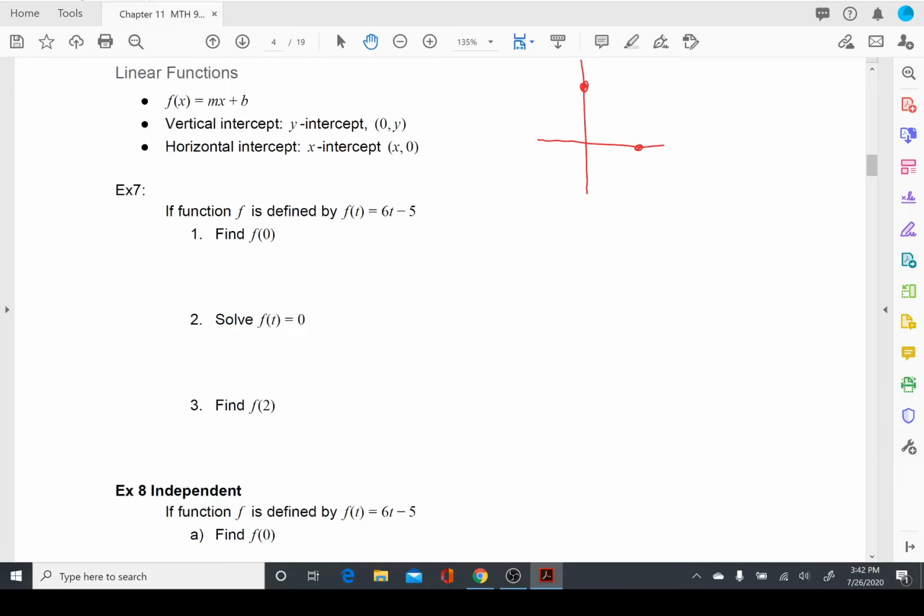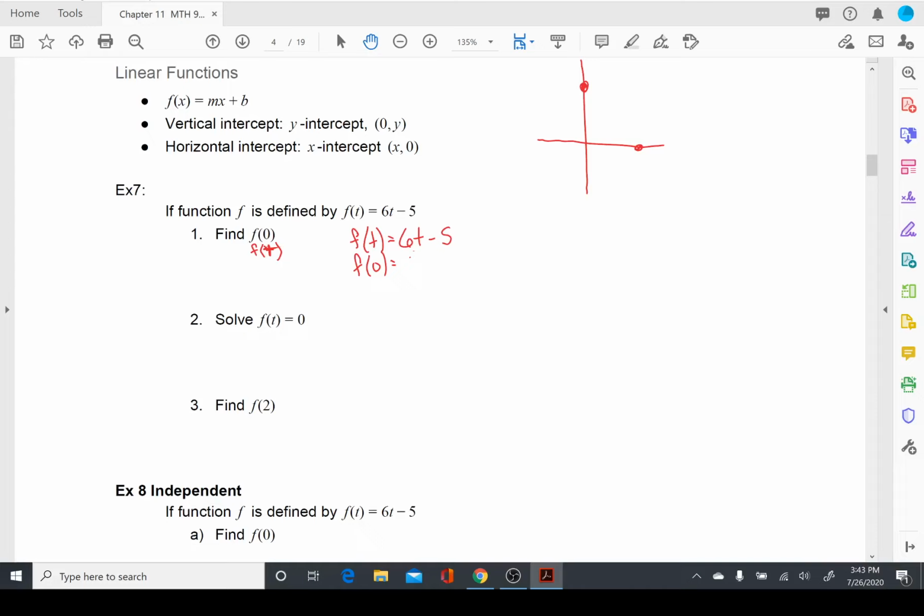The first question says find f of 0. So it's telling us that the t value that we want to put in is 0. The first thing I will do is write the equation that we're working with. And then it's telling me that f of 0 is what I want to find.